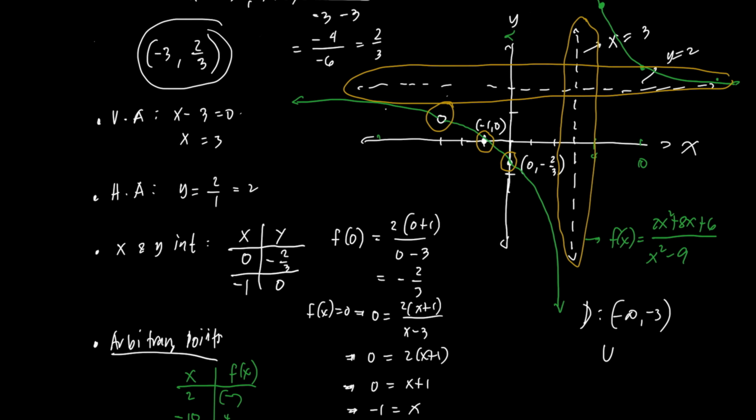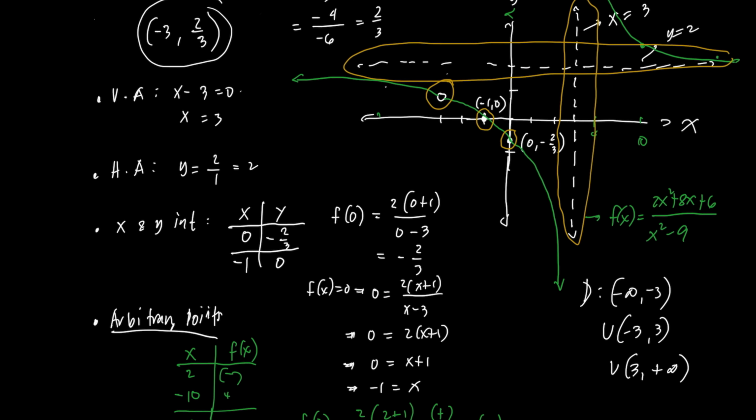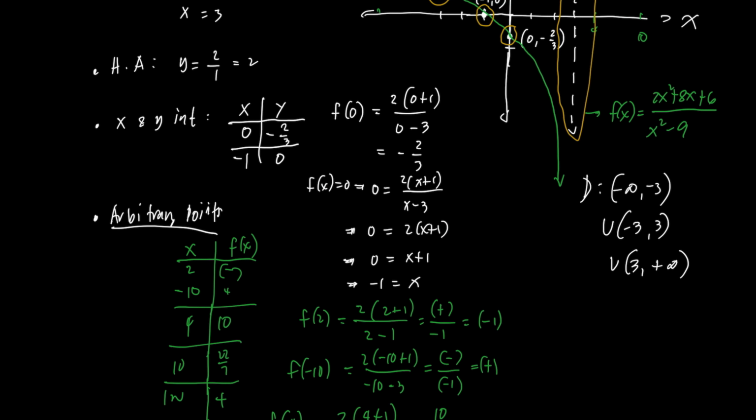So from negative 3 union, from negative 3 to the vertical asymptote. What is our vertical asymptote? 3. Okay, union 3 to positive infinity. So that's the domain.